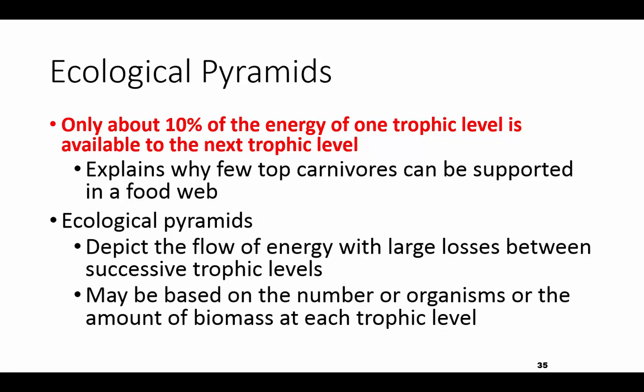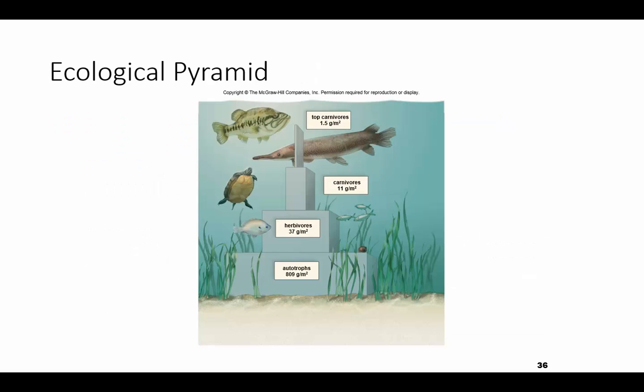You can look at it not just as an energy pyramid, but also by looking at the biomass. This is an example of one that shows biomass. At the bottom level, the autotrophs, you've got 809 grams per meter squared. But look at your first level consumers, your herbivores: it's dropped to 37.